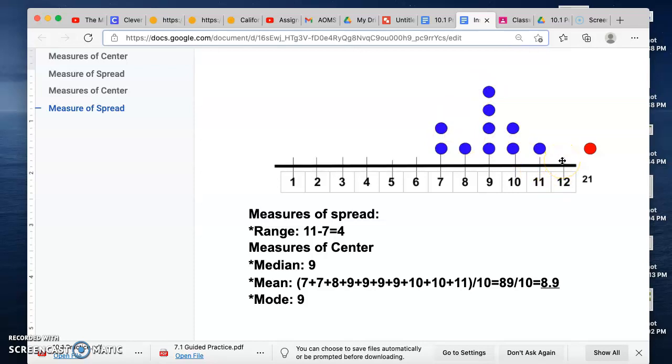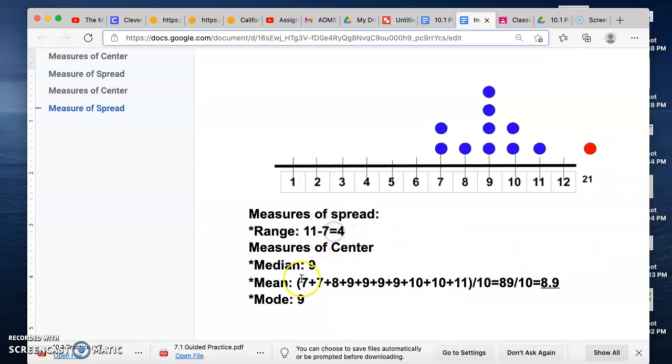But let's pretend I asked one more person, and that last person is a giant. And I look up at this giant and I say, hello up there, what size shoe do you wear? And he says, I wear a size 21 shoe. That is going to mess up a lot of things, like my range.